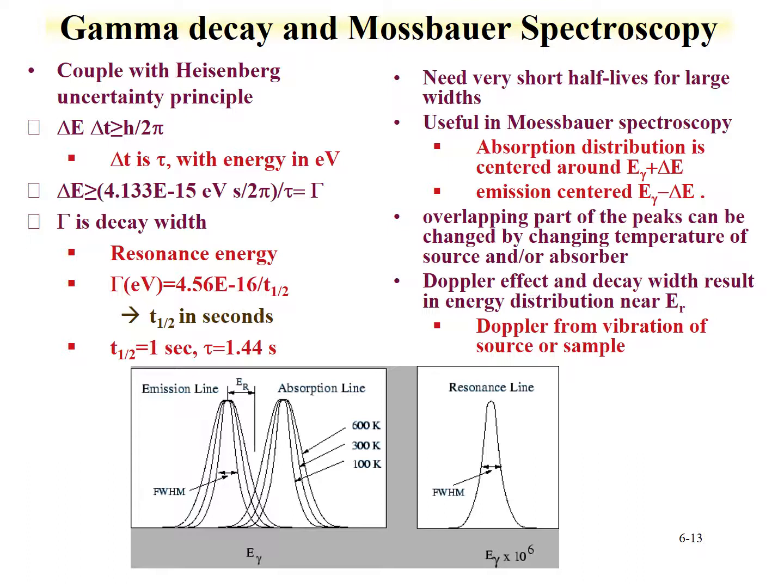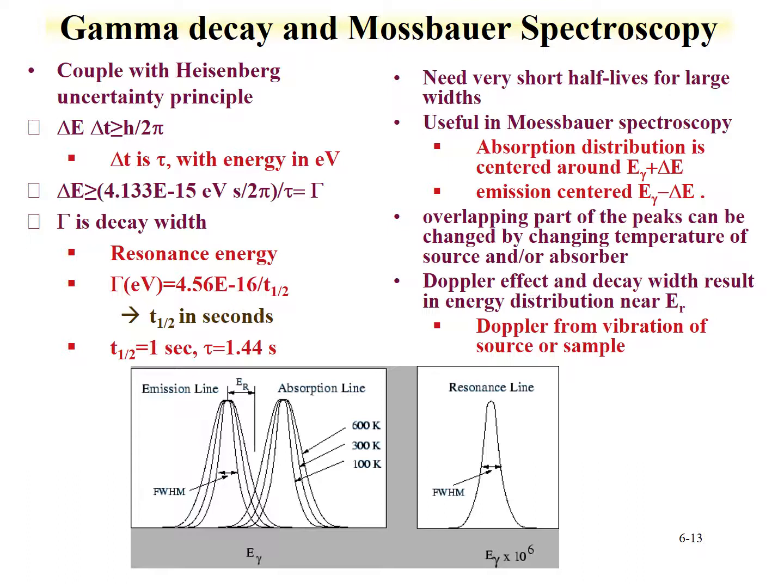The lifetime of an excited nuclear state through gamma decay also has a role in gamma spectroscopy. This is due to the uncertainty principle, which relates energy and time. So we can just say time is a lifetime here, and we get a relationship between energy and that time. It's called this gamma term, which is the gamma decay width.